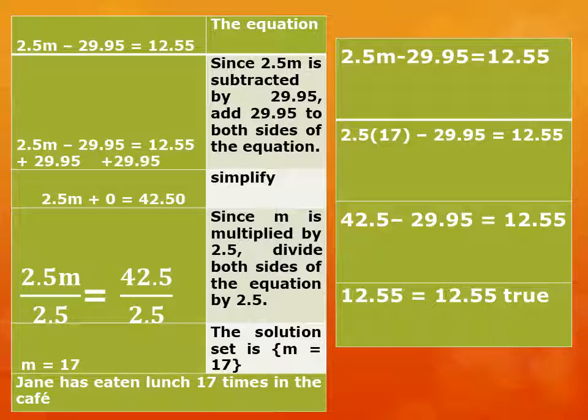That is 42.5. Then we subtract 29.95 from that. So the answer is 12.55. So it satisfies our equation, which is 2.5M minus 29.95 is equal to 12.55.